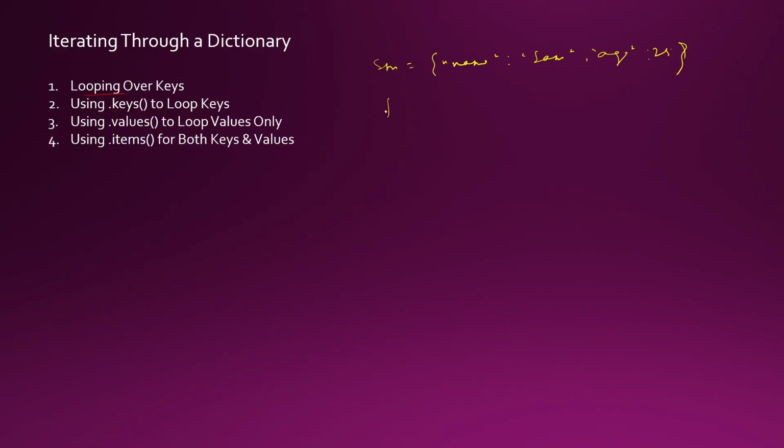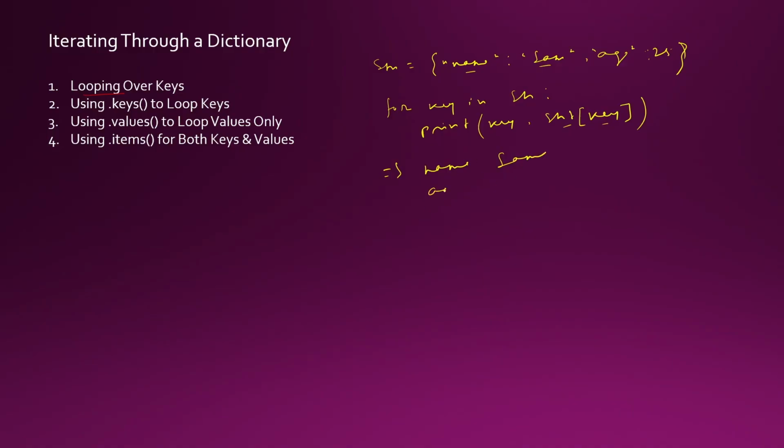Now if I write for key in student and try to print key, comma, student key, this will give me the print as key is name, and student key, that means the value.